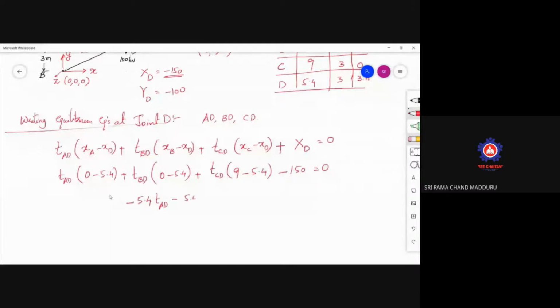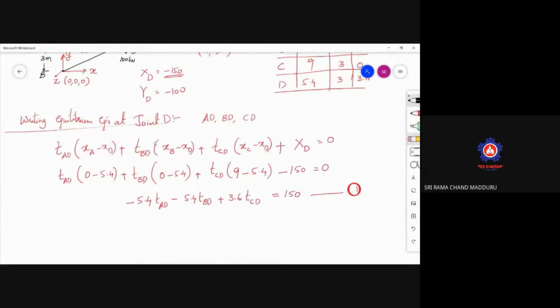So minus 5.4 TAD, minus 5.4 TBD, plus 3.6 TCD is equal to minus 150. On the right side it is plus 150. Keep it as equation number 1.